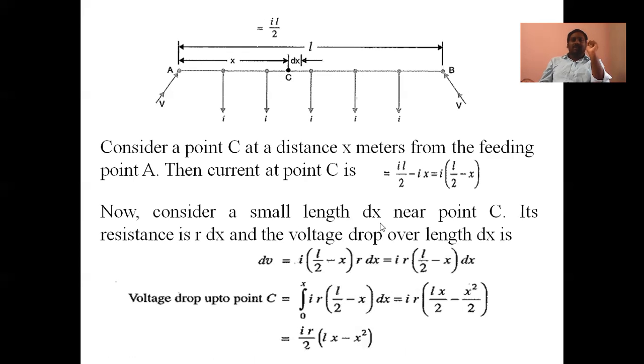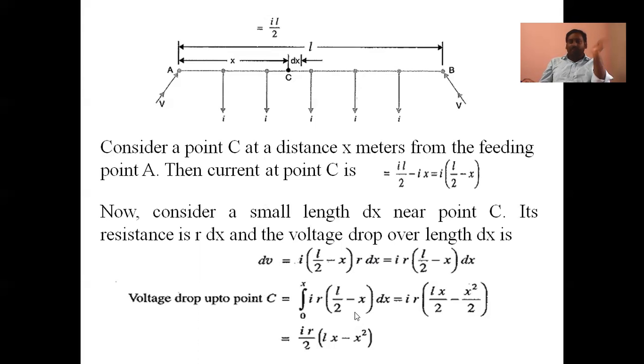Now consider a small length dx near point C. The resistance is r dx. Then dV is current into resistance. The current at point C is i into (L by 2 minus x), so dV equals i into r into (L by 2 minus x) dx, because the resistance is r dx. This is the potential difference, but we require the voltage drop at point C, so we apply integration.